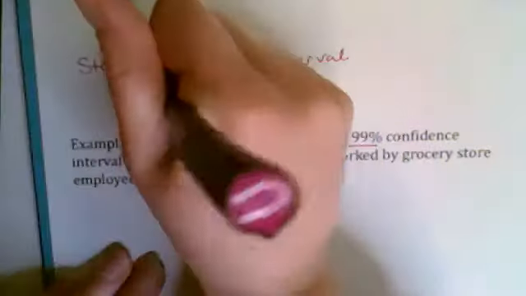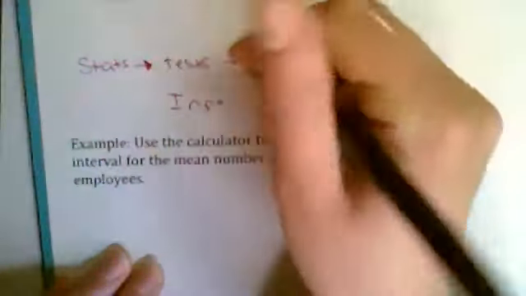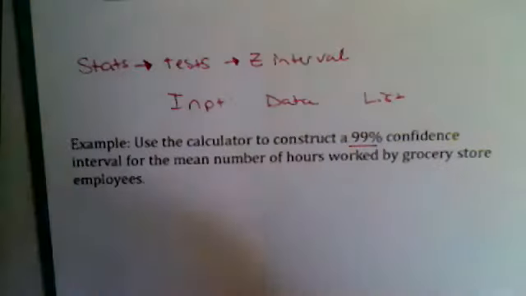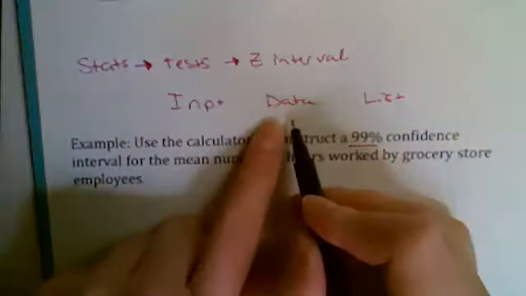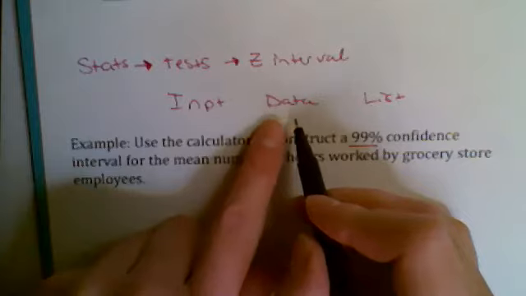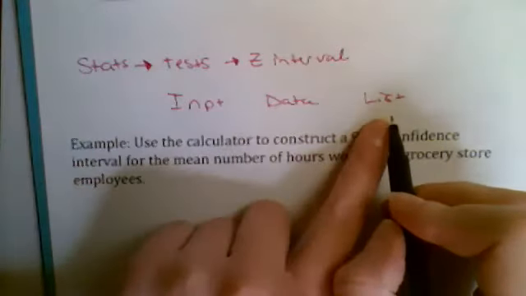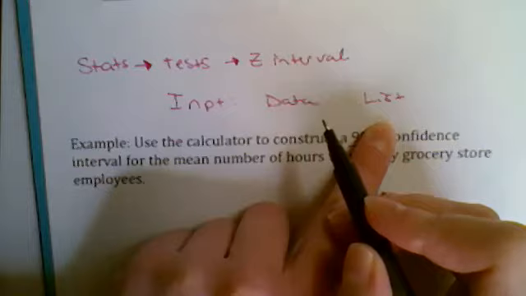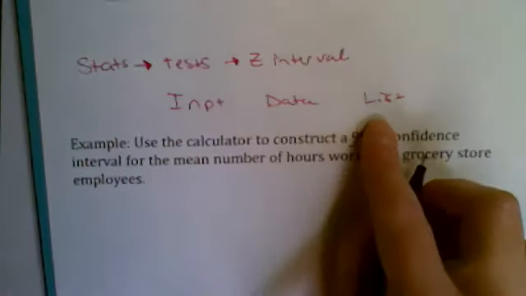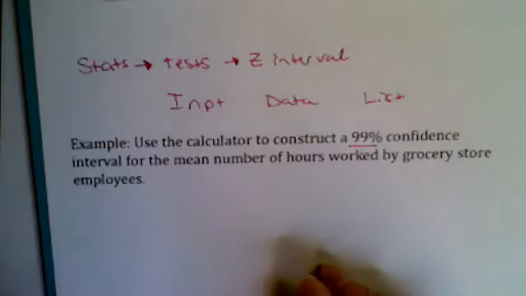It's going to ask you what your input is, and you have data or list as an option. I'm going to say this, data, when you know the mean, the standard deviation, et cetera, and list when you type the list in to find the mean and standard deviation of the sample.